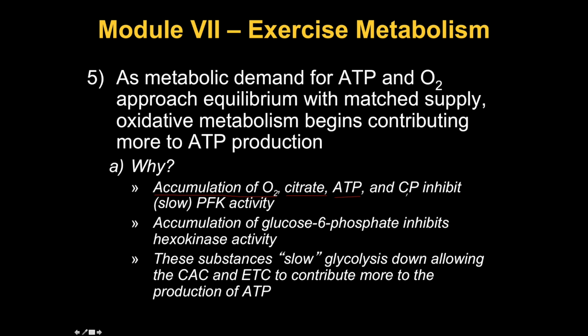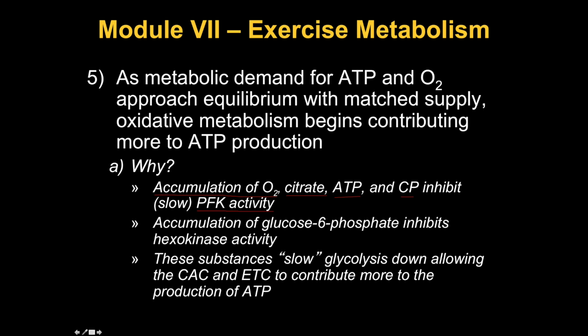And we also get some accumulation of creatine phosphate. So those substances, if you start to get an accumulation of them, will actually start to slow down PFK. They will inhibit PFK. If we inhibit PFK, we slow glycolysis down as we're increasing the oxidative pathways.